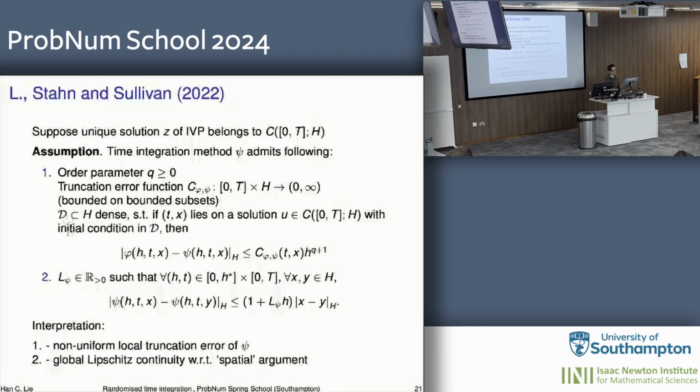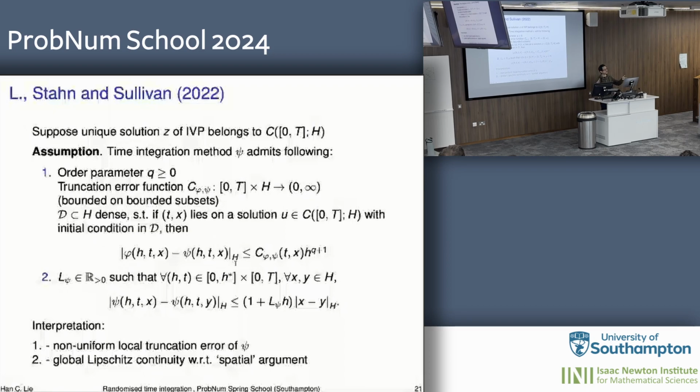This next assumption is kind of weird when I first encountered it, but I assure you I didn't come up with it myself. It's from a book on time integration for PDEs, which indicates that this is something that the people who work in this area are fine with. So we assume that there exists a dense subset, calligraphic D, of our Hilbert space, such that for any time and state that lies on a trajectory, where the trajectory started somewhere in this dense subset D, I have a truncation error of this form.